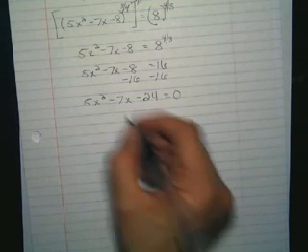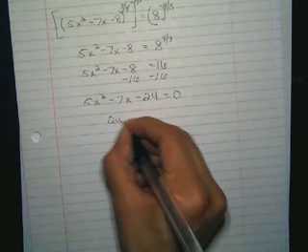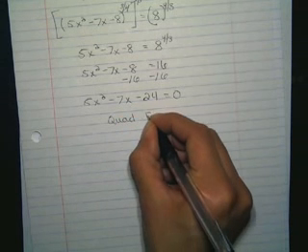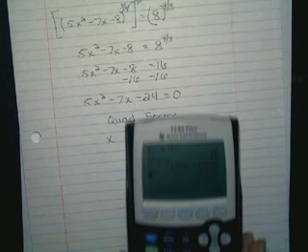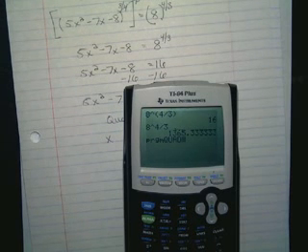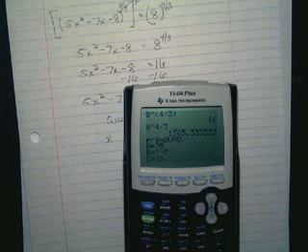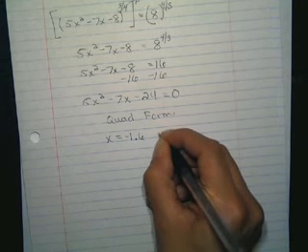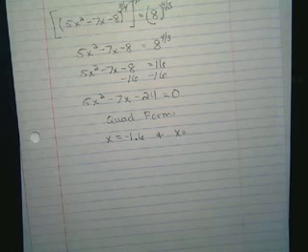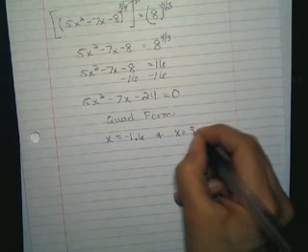We could use the quadratic formula to solve for x. So we'll get, using the program in our calculator, a equals 5, b is negative 7, and c is negative 24. And so you get x equals negative 1.6 and x equals 3. Okay.